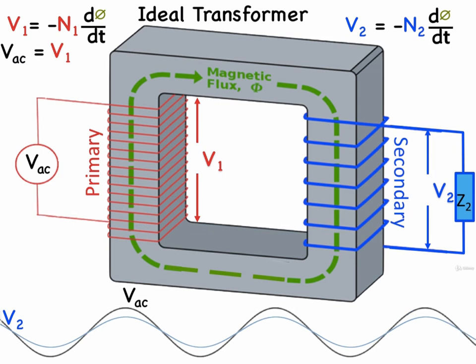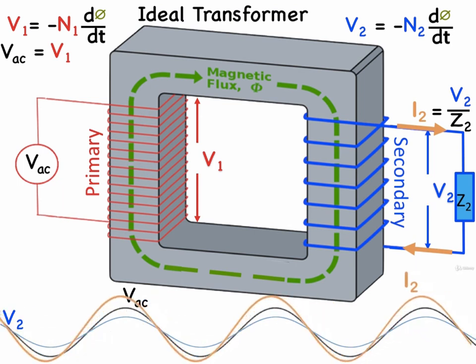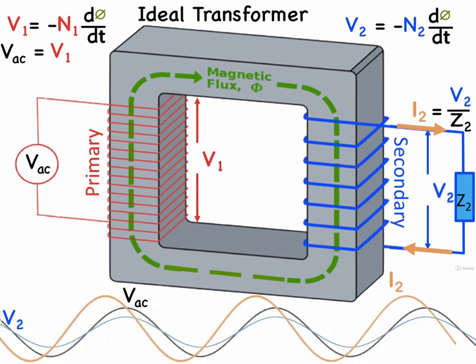By virtue of Ohm's law, a current will flow in Z2 whose magnitude is given by V2 all over Z2. And depending on the impedance Z2, the current will either lead or lag or be in phase with the voltage V2 and VAC.